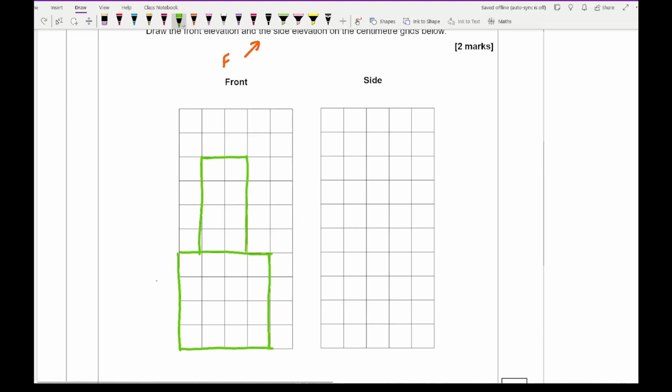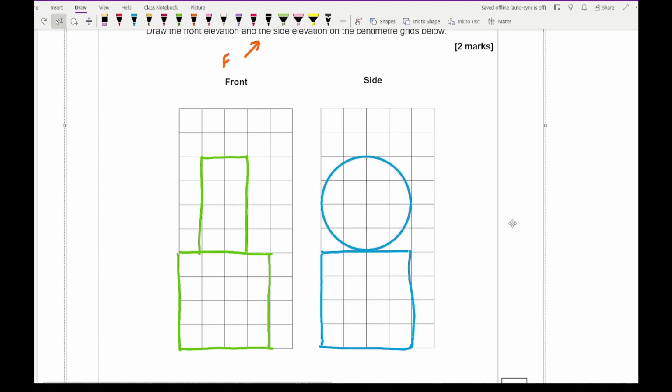Then for the next one, we are going to draw a 4x4, which is the box, like so. And again, you should be using a ruler. Again, I'm just sketching, and then using a compass with a radius of 2, you just need to draw something that looks like that.